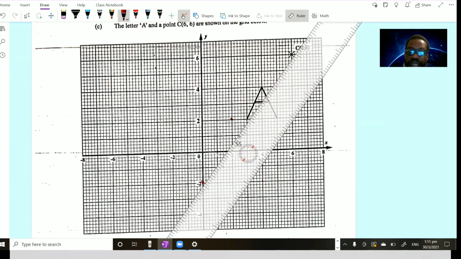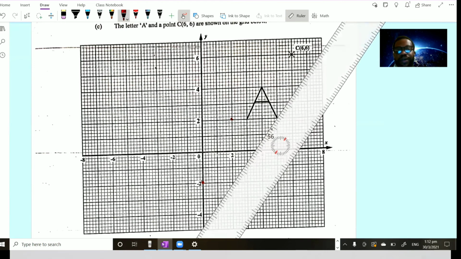Now, the reason why we are making the distance double is because of the scale factor. The scale factor is 2. So you set your ruler as best as possible. There we go. And you can see that the distance from 0, -2 to 6, 6 is double the distance from 3, 2 to 6, 6, right? Because we're looking at both distances.